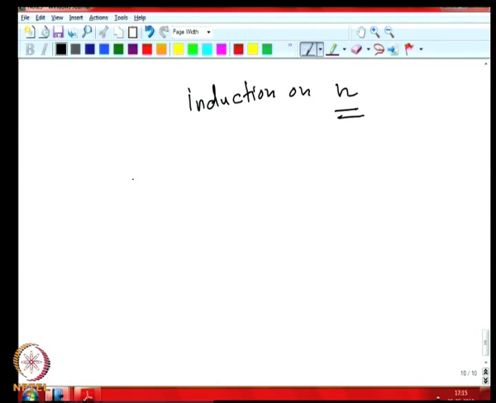Now, we will try to prove it for n plus 1. What we want to show is f0 plus f1 plus up to fn plus 1 is equal to fn plus 3 minus 1. This is what we want to show.